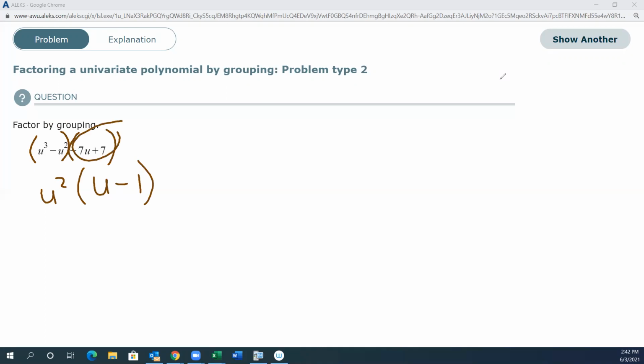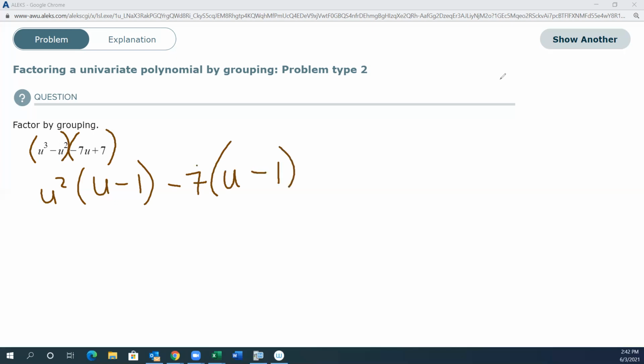And then on the second binomial, because this guy in the middle is negative, the way it turns out is whatever you factor out, in this case, a 7 for your greatest common factor, make sure it's a minus, and then things will work better. That's just the way these things tend to go. So if I factor out a negative 7, I'll be left with a positive u and a minus 1.